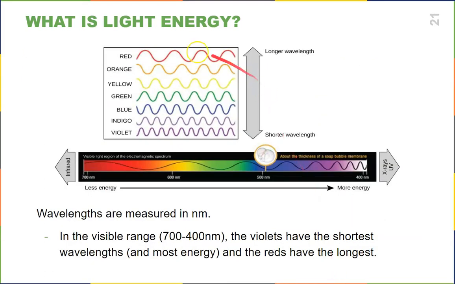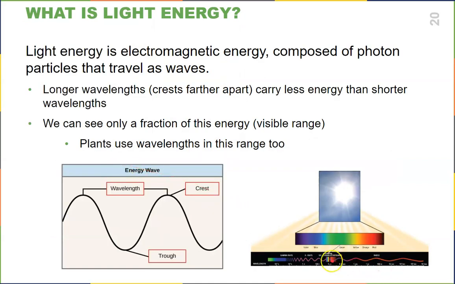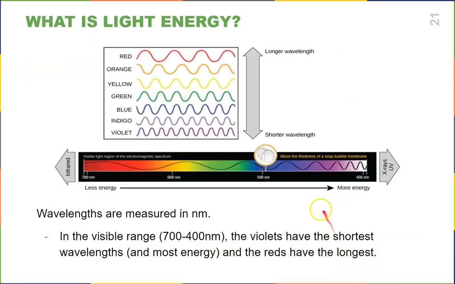So light energy: longer wavelength, not as much energy; shorter wavelength, more energy. So red has a longer wavelength, so you can think of infrared. If we go back to this image, here's red on this end, and then infrared is below, inferior to red. So it's going to be a longer wavelength, with lower energy. And then violet, very close together, short wavelength.